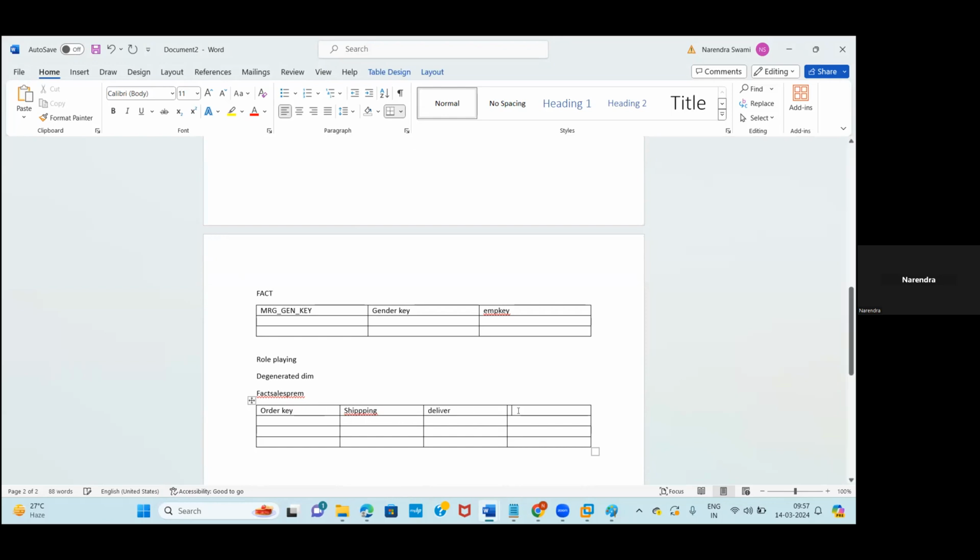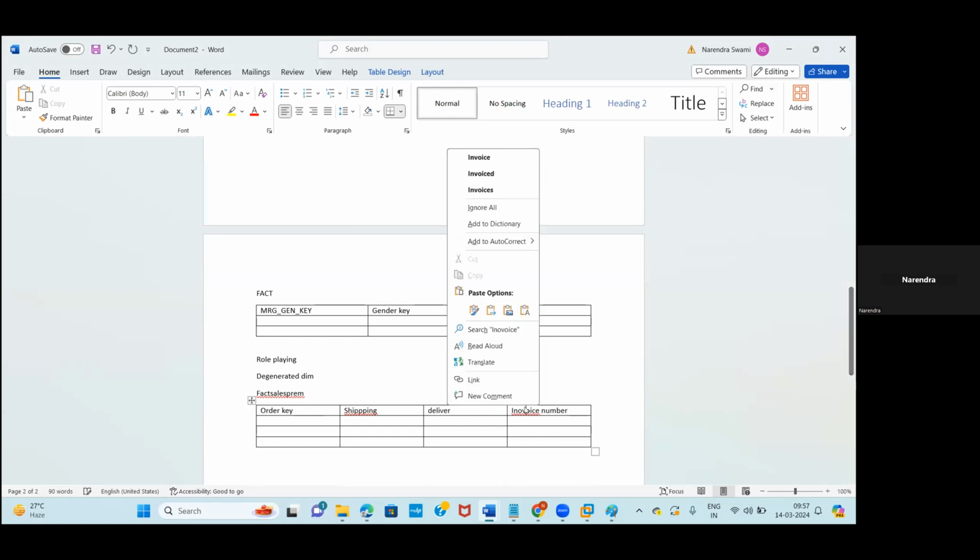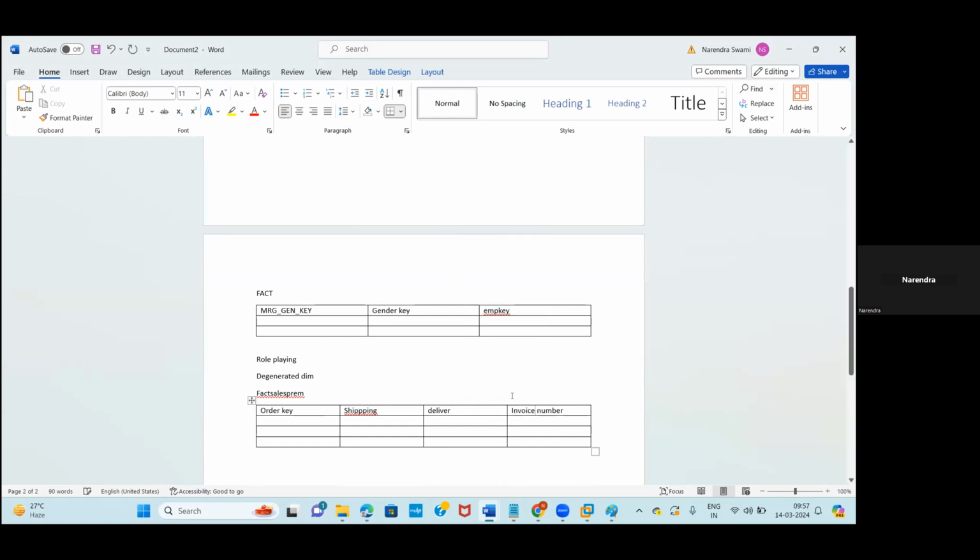Here we have an invoice number. Invoice number is the fact, and this invoice number acts like a dimension table because by using this invoice number, you can derive something like how many products were sold in a particular day.